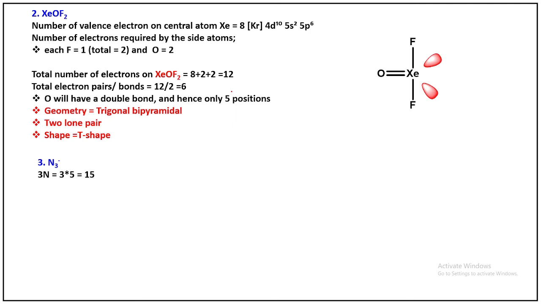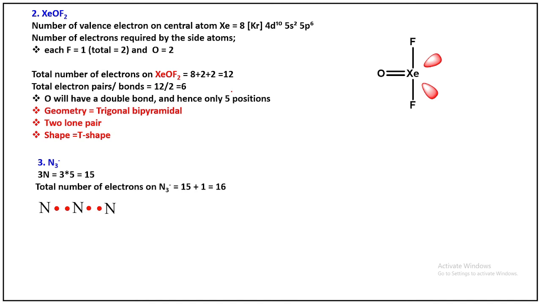This molecule has 1 negative charge, thus giving a total of 16 electrons. Now let us distribute these 16 electrons around 3 nitrogen so that each nitrogen has a completed octet and hence is stable. Let us start by giving 1 bond each, that is N single bond N single bond N. 4 electrons are used.